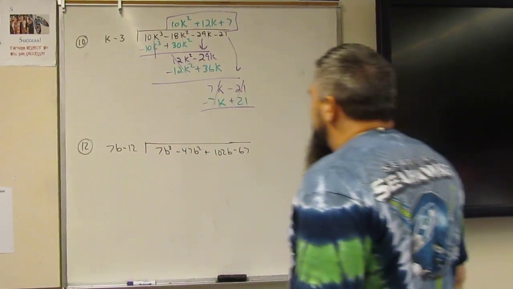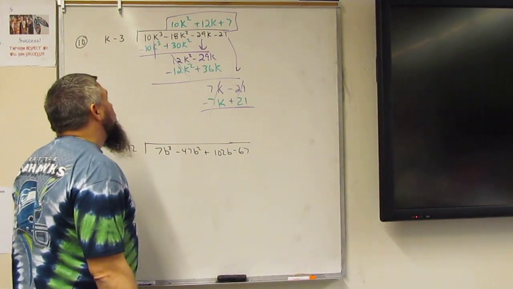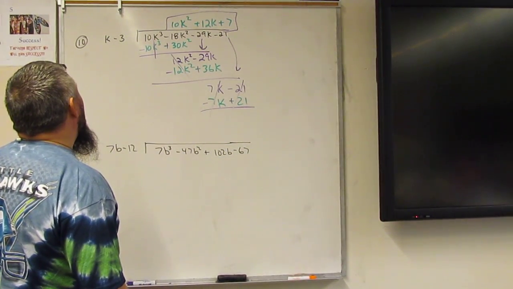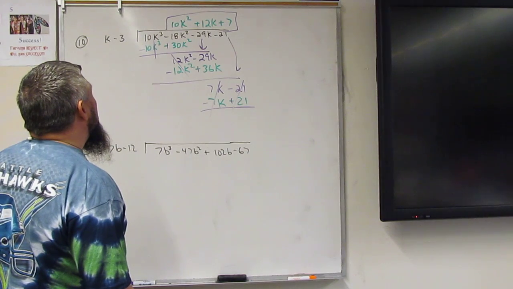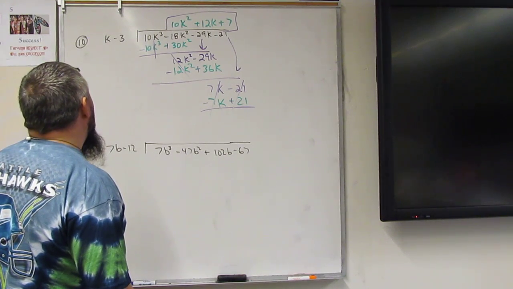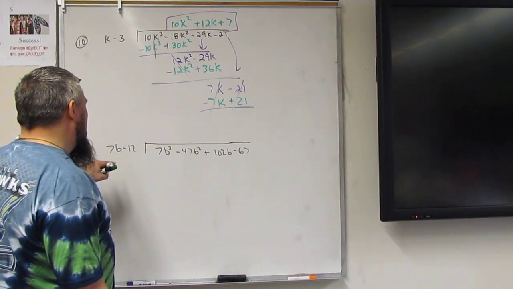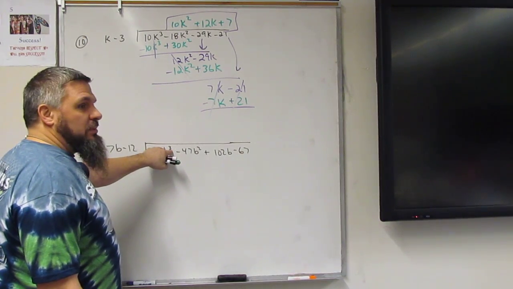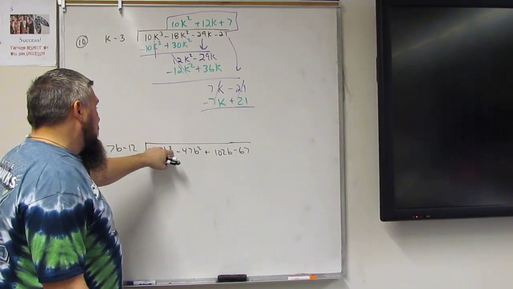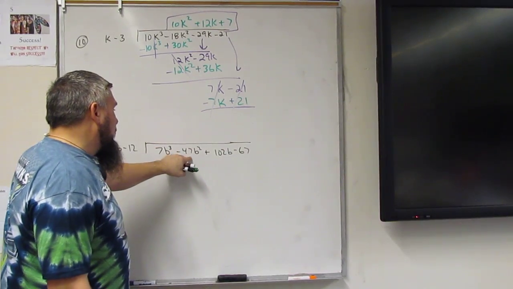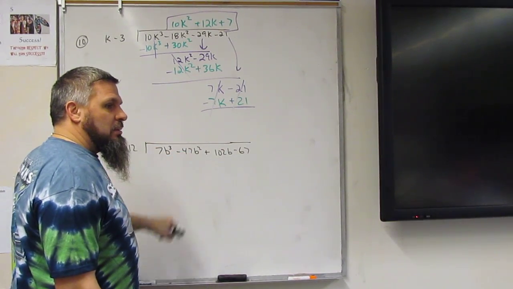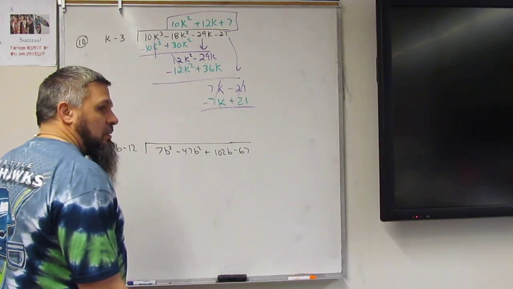Okay? You forgot cube on 7B. Yeah. Which one? Number 12? 7 cube? Oh, 47. 47b? No, 7B cube minus 46.